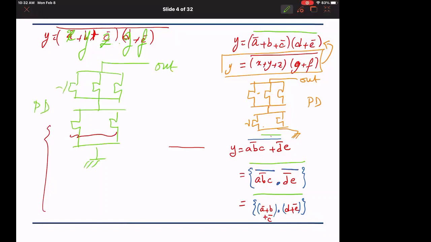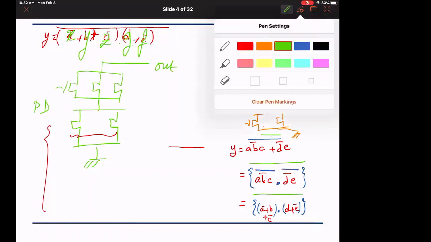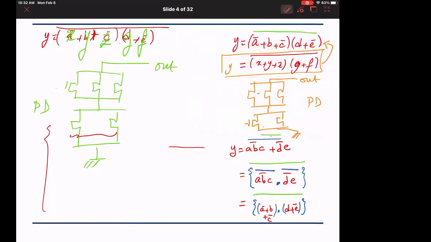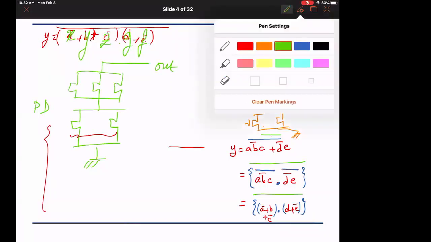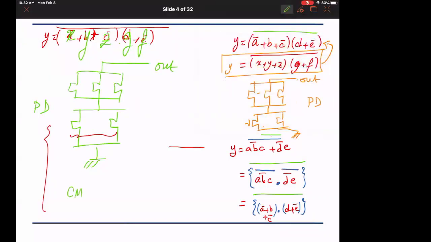When we change to X, Y, Z instead of the bar, we could put PMOS instead of NMOS, or not? No. In the CMOS gate, for CMOS, we will keep the pull up as PMOS and we will keep the pull down as NMOS. We're not going to change this. To reach ground I need an NMOS path.